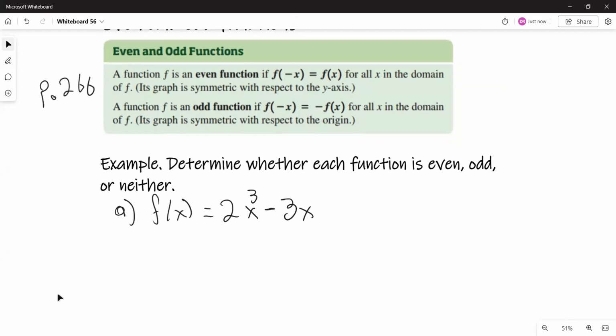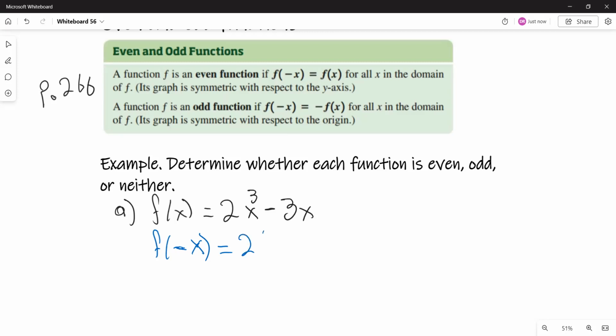Okay, so we are going to evaluate f at the opposite of x. If I obtain again f of x, the function is going to be even. If I obtain the opposite of f of x, the function is going to be odd. And if I don't obtain f of x or the opposite of that, the function is neither even nor odd.